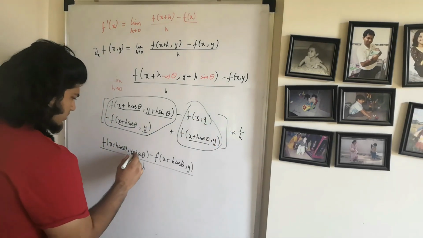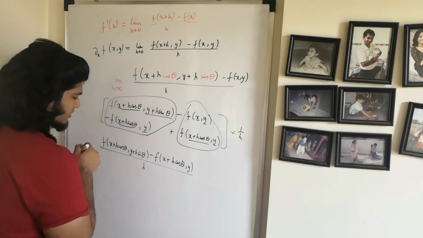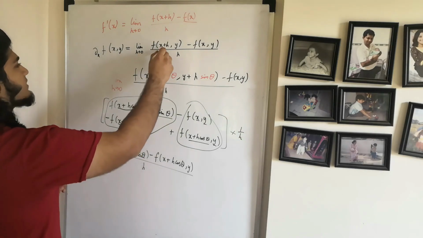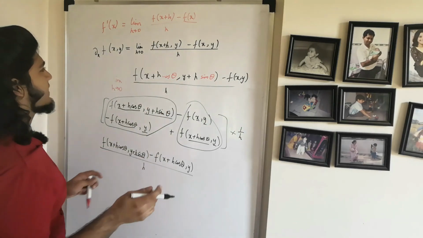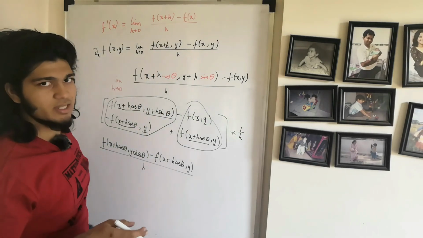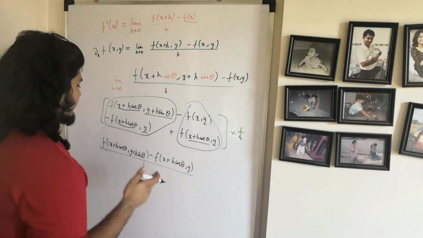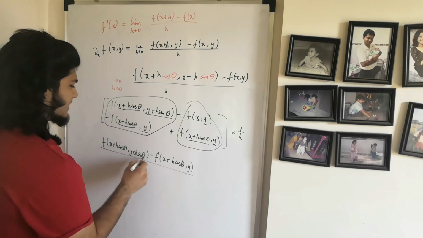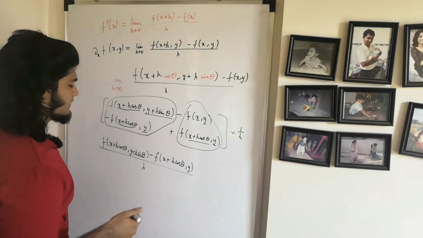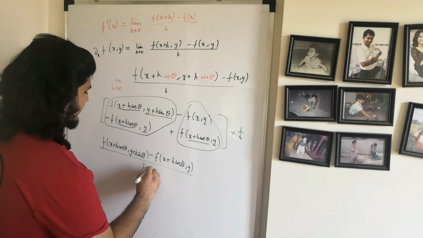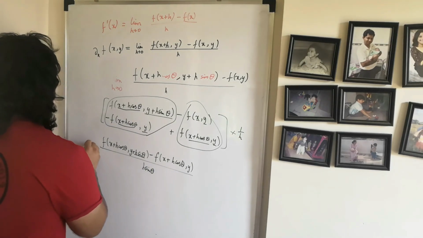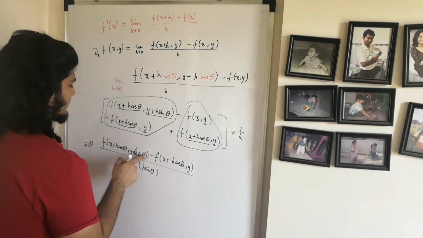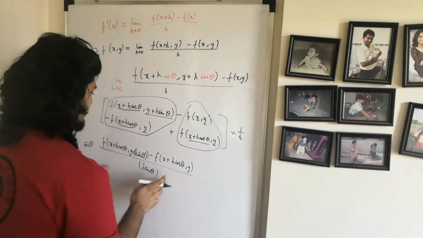Now our increment unfortunately is h sin theta, but we know how to deal with it if it was simply h, with no coefficient attached other than 1. Here we have an h sin theta, so we don't know how to deal with it. So how about we multiply and divide the entire thing by sin theta. Now I have h sin theta in the denominator and h sin theta as the increment in y, and we know how to evaluate this.